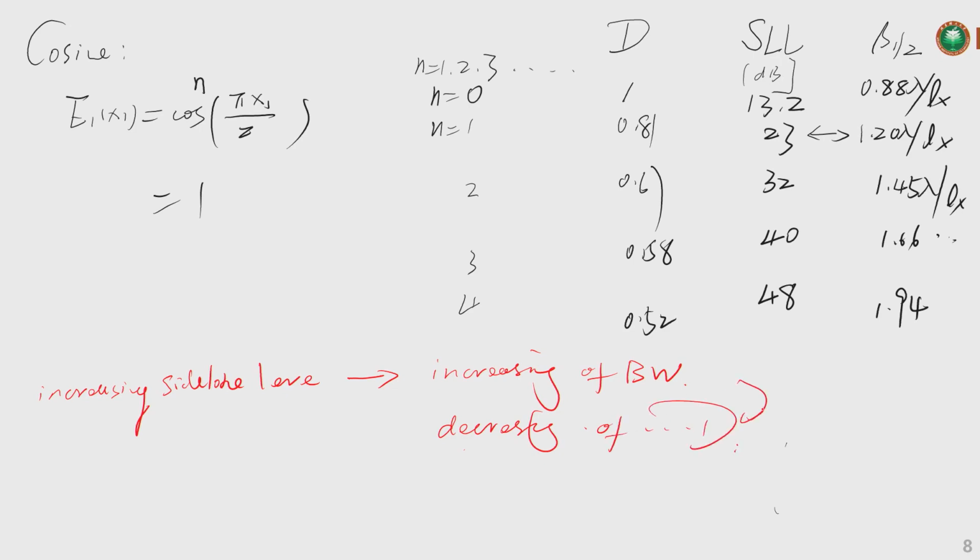Both are related, all right? A wider beamwidth means a smaller directivity. So this is the sacrifice on the static condition.